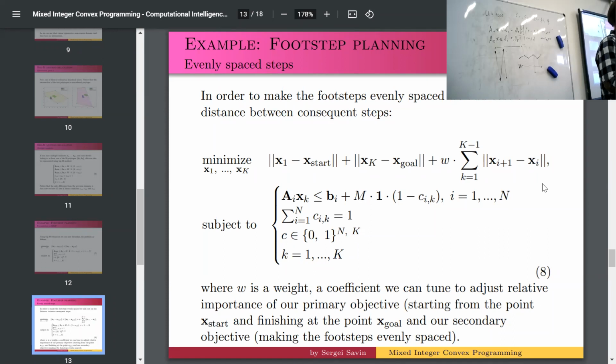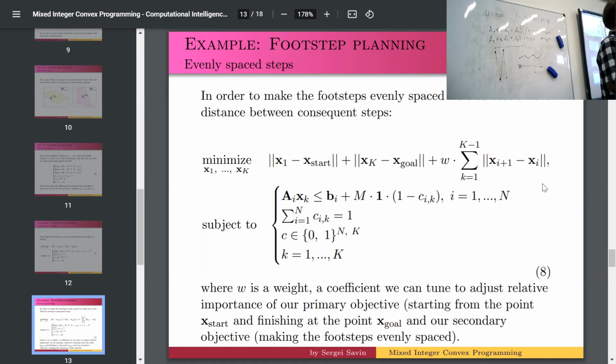Okay, what else? This is for even terrain. For non-even terrain, you can use height maps and turn them into a two-dimensional representation. But in general, it is a three-dimensional representation, and then the domain can become non-convex very easily. So be careful about that.